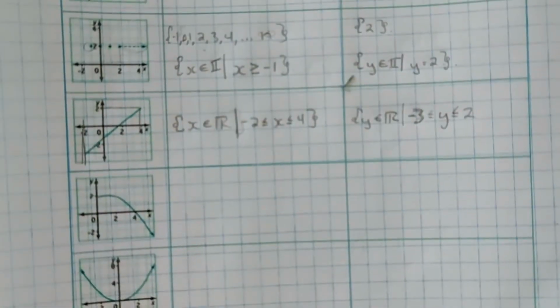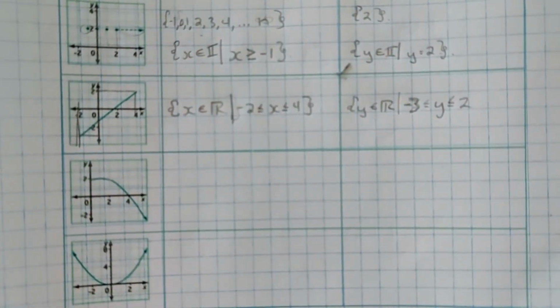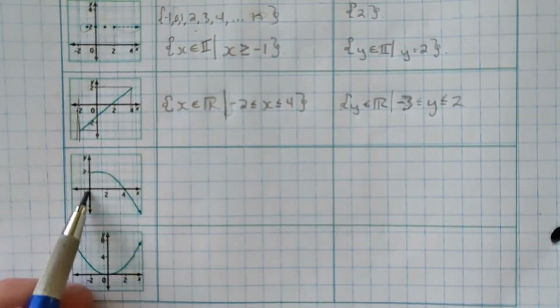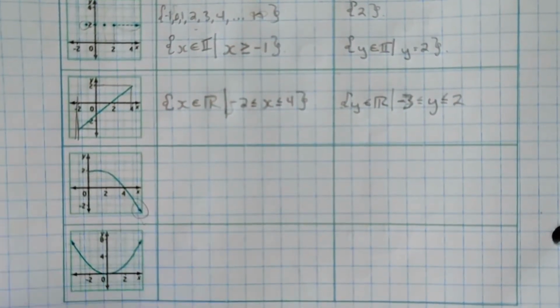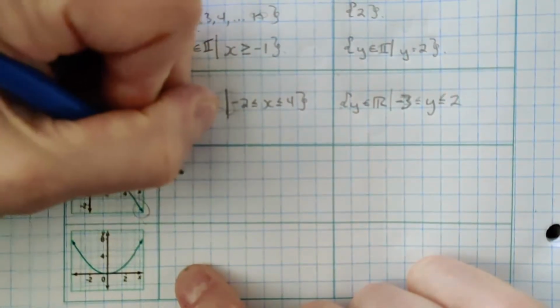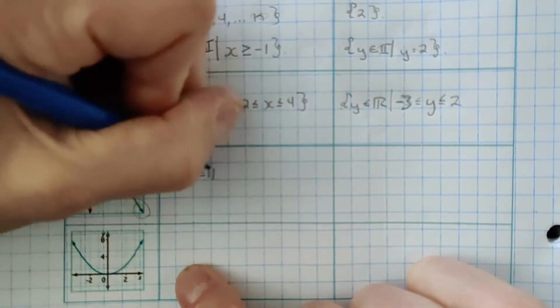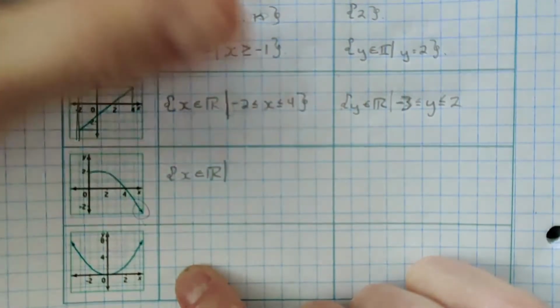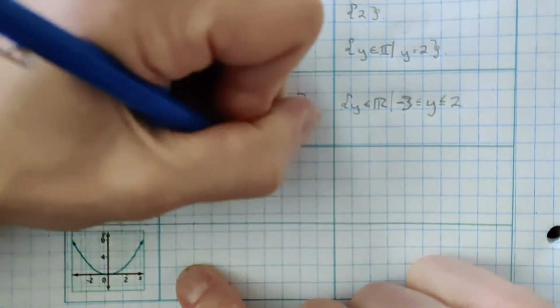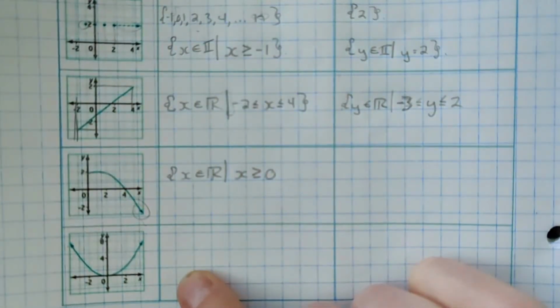Okay, a couple more. Next one here. So we have a limit on the x starting at 0, and then it continues on, and that arrow tells us it's going on forever. So x belonging to the real numbers in this case, such that x is greater than or equal to 0. That's it.